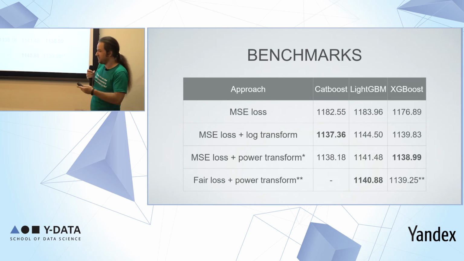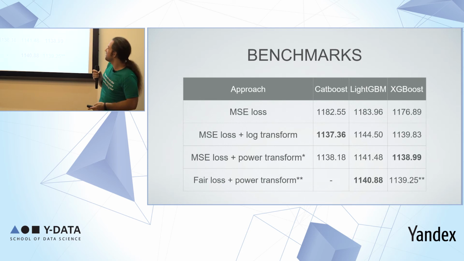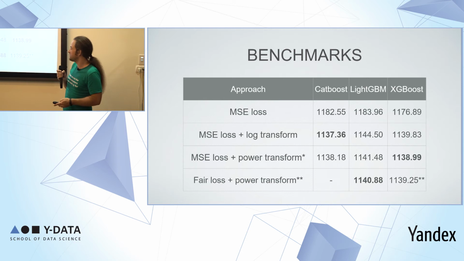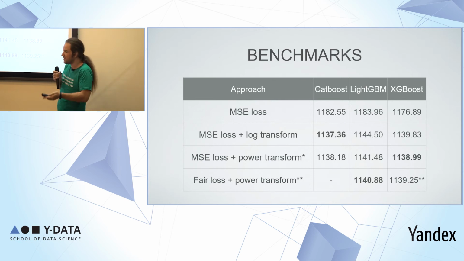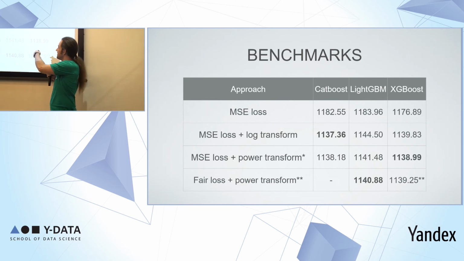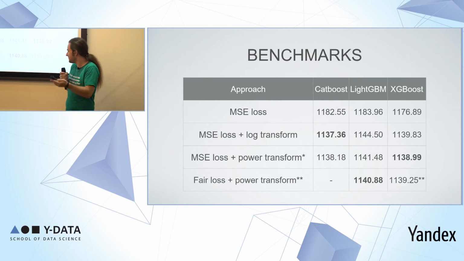If you try to optimize just mean squared error, we get around 1,180, and with any transformation used, it's around 1,140, which is significant for this competition because the best result on Kaggle in this competition is 1,100. So it is a big difference.